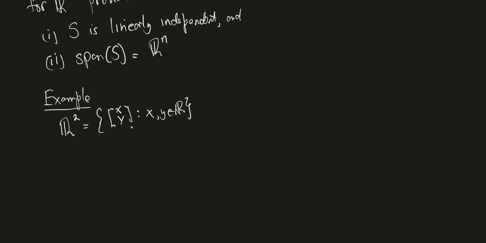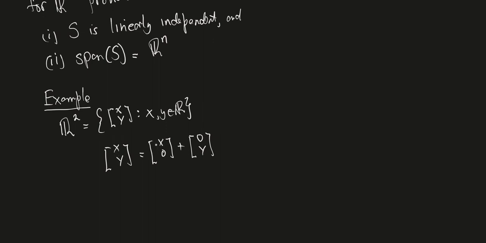So let's take the general vector in R2. So let's start with (x, y), right? Two components. Well, I can write this single vector as the sum of two vectors, where the first vector is (x, 0) and the second vector is (0, y). So essentially what I'm doing is I'm splitting the two components into two separate vectors.